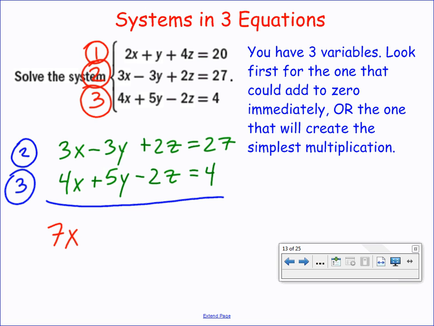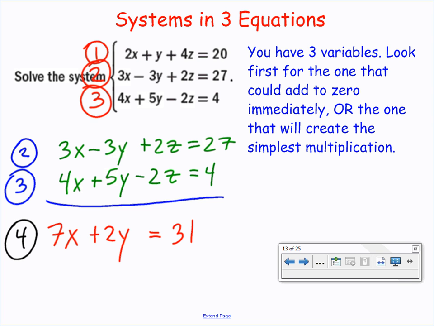Negative 3y plus 5y is plus 2y. 2z minus 2z is 0. We've eliminated the z's. Bring down the equal sign. 27 plus 4 is 31. So we've created a new equation. I'm going to call this equation 4. Equation 4 is different than the originals because it just has x's and y's.